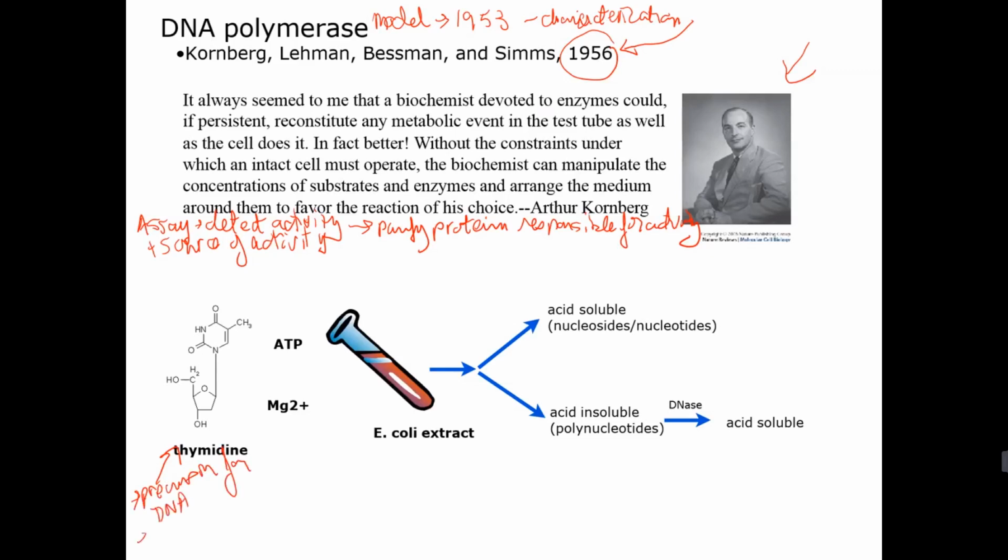And it's exclusive to DNA, right? So we're talking about DNA replication here. We're not mentioning anything about RNA, so we really want something that's going to be specific for the synthesis of DNA polymers.